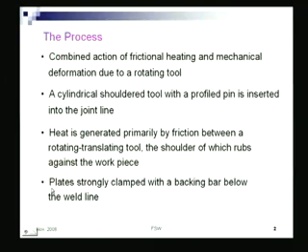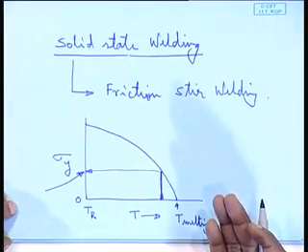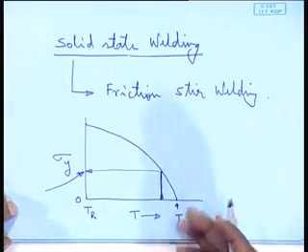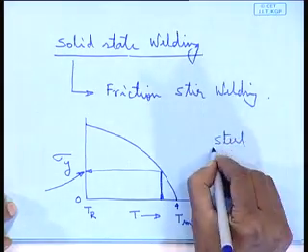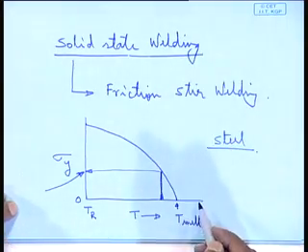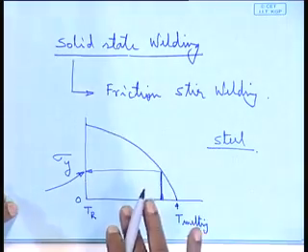Okay, to continue with friction stir welding, as I was talking about, as you can see, if the temperature of a metal, here obviously we are talking about steel, and it is true for other metals also, increases, your stress level needed to yield the metal reduces.